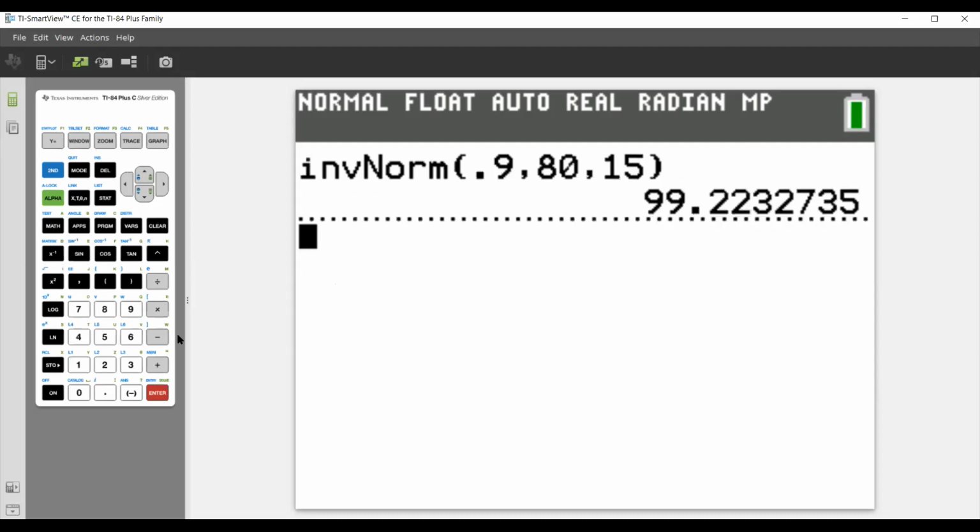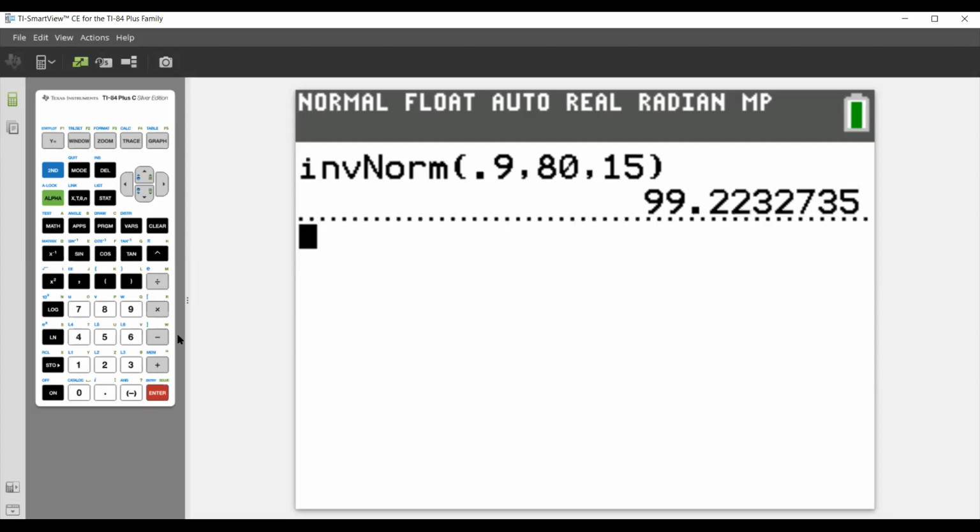Now, if the scores in this test are in whole numbers, what test score do you need? In other words, everybody who takes this test gets a raw score, which is a whole number. So if 99.223 is your minimum test score, what must be the actual test score that you must get?